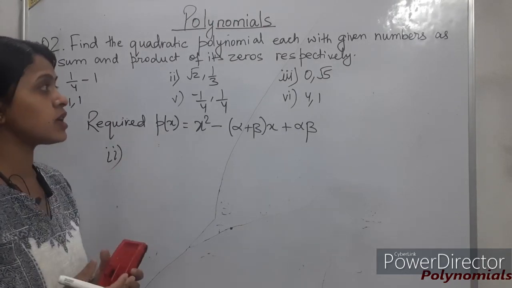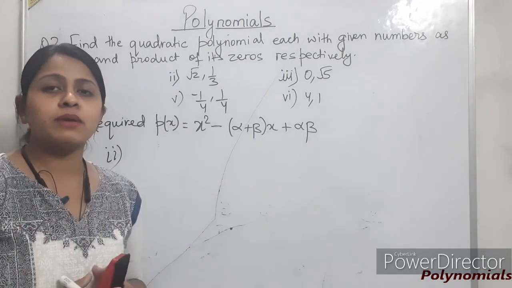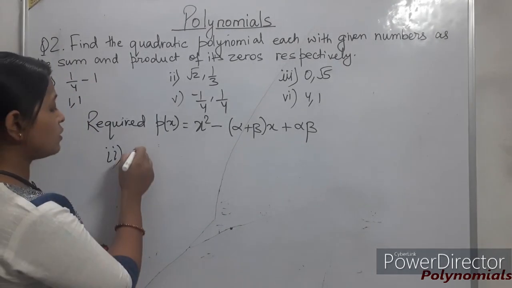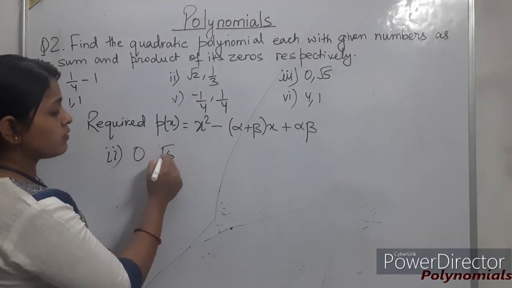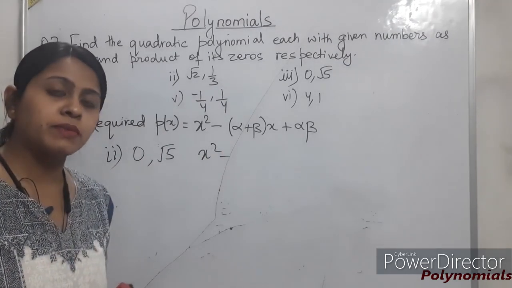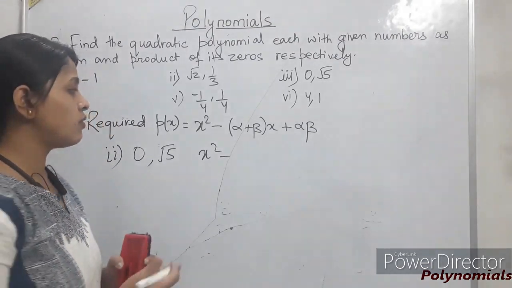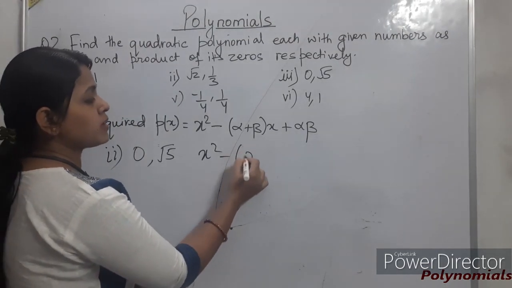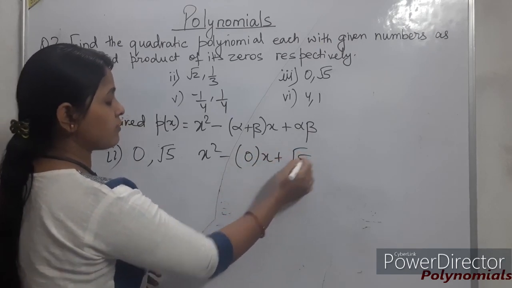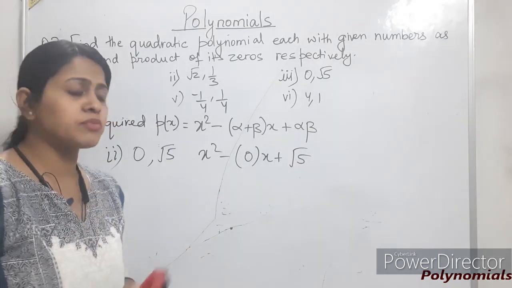बहुत बच्चे कंफ्यूज हो जाते हैं, root 2 देख के ही डर जाएंगे. My goodness, root 2 का क्वेश्चन है, I am not able to solve this. ऐसा कुछ नहीं है. Even root 2 are more easier. See how, 0 and root 5, okay. x square minus 0 है तो भी बहुत बच्चे डर जाते हैं. 0 का क्वेश्चन है, simple form में नहीं है, it is in twisted form. नो. Alpha plus beta, simply we have to write 0 and in alpha into beta we have to write root 5. 0 जहां भी है, when it is case of multiplication, the product is 0.